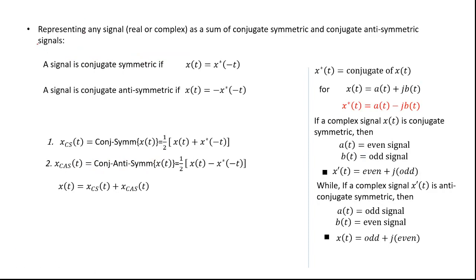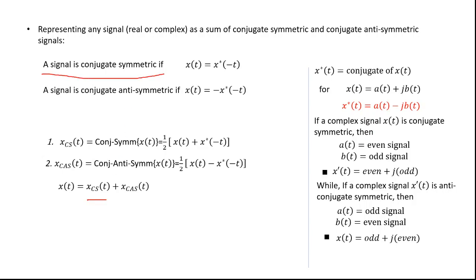In the same way as we saw that a real signal can be represented as a sum of even and odd signals, any complex signal can be represented as a sum of a conjugate symmetric signal and a conjugate antisymmetric signal. Now, what are these types of signals?